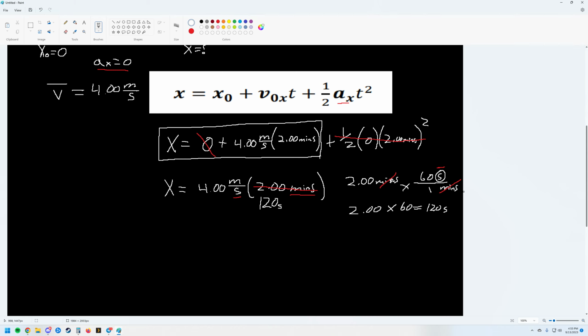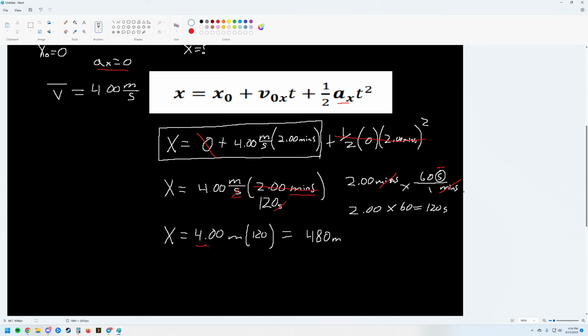What happens when we multiply meters per second by seconds? The seconds cancel out. So we're left with x equals 4.00 meters times 120, which gives us exactly 480 meters.